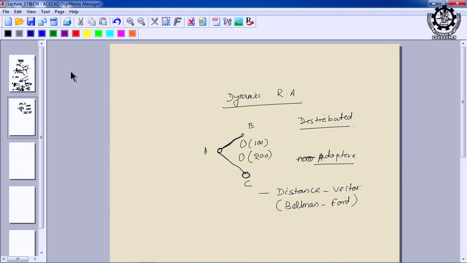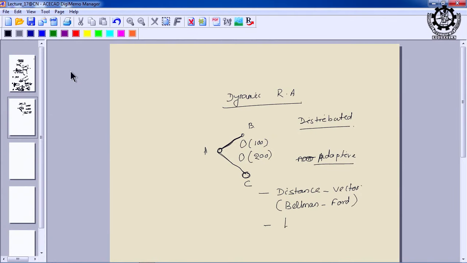You will find even every wireless routing protocol today applies the principle of the Bellman-Ford algorithm for finding the path, because this is the adaptive one. So, depending on the change in the scenario, they can change the path to forward the packet. And another very popular routing algorithm is the link state algorithm.